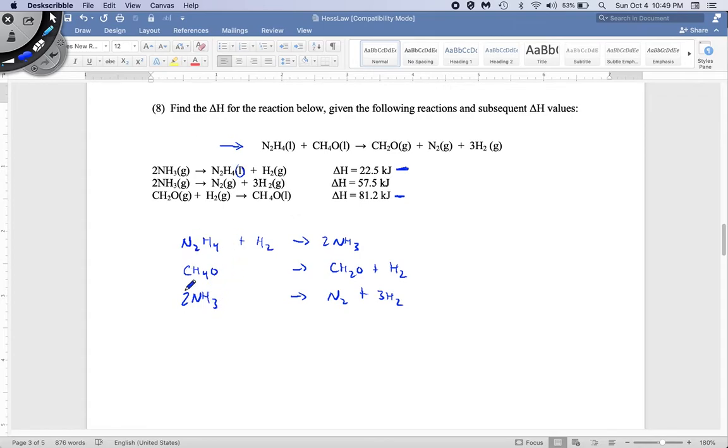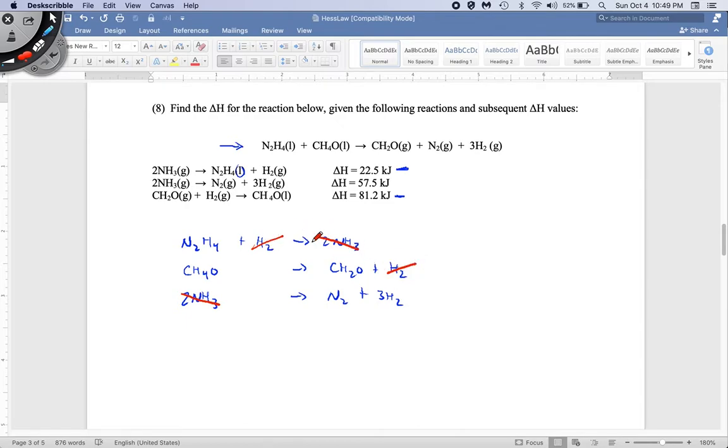So I have two NH3s that become two NH3s as products. So actually, if I change colors here, the NH3s that I started out with, I end up with. So it's as if they never did anything. They're not part of a chemical reaction. Okay, this H2 here, I started out with an H2 and I ended up with an H2.